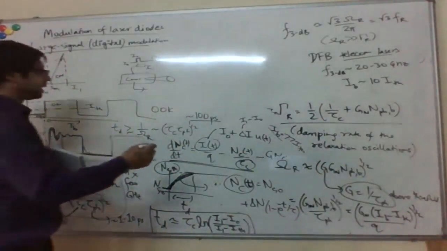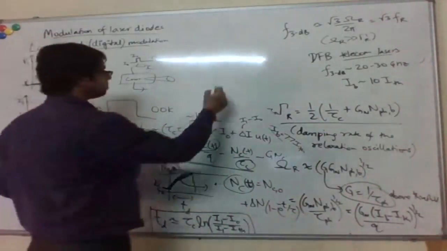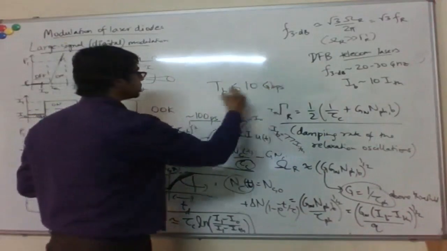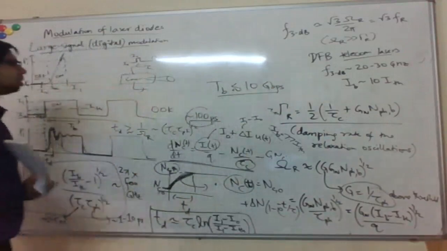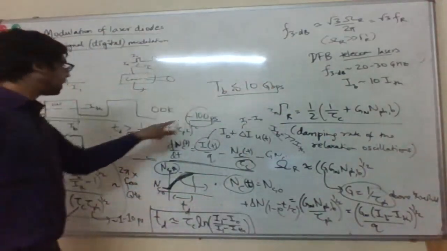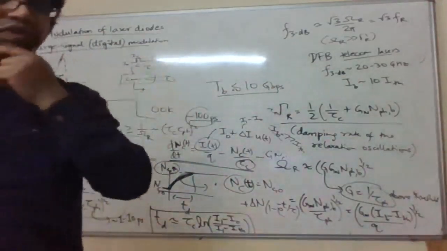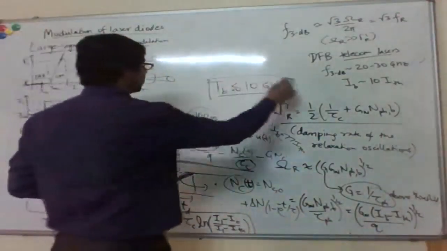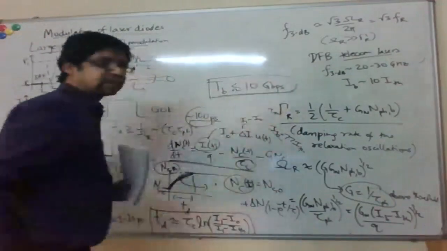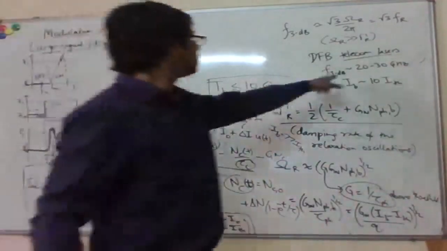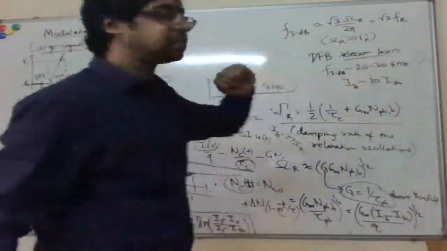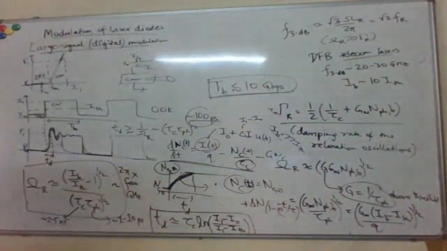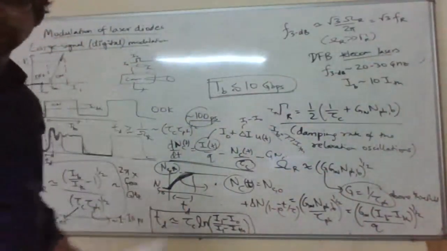Okay, so basically that means that the bit rates we are talking about here are typically less than 10 gigabit per second, right? Because the bit period has to be greater than this turn on or turn off time. So for digital modulation, typically we are restricted to less than 10 gigabit per second. For analog modulation, we saw we could go up to maybe 30 gigahertz, but for digital modulation we are restricted to about 10 gigabit per second.